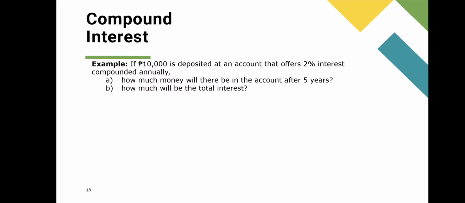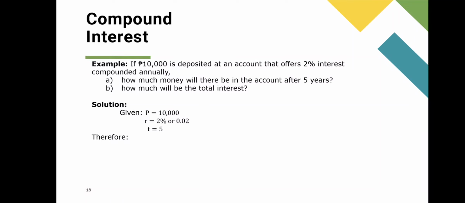If 10,000 pesos is deposited in an account that offers 2% interest compounded annually, we have two questions. A, how much money will there be in the account after 5 years? And B, how much will be the total interest? To solve, we know that the principal amount is 10,000, the rate is 2%, or 0.02 in decimals, and the time is 5 years.